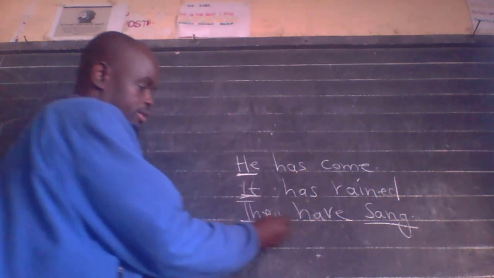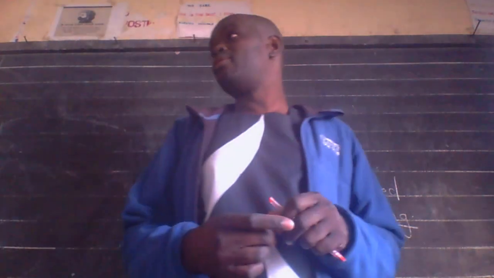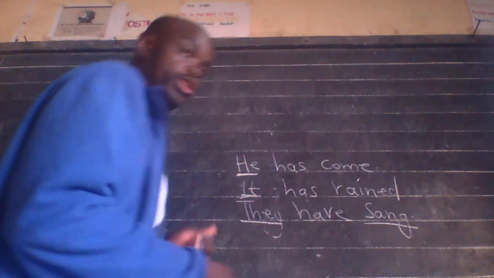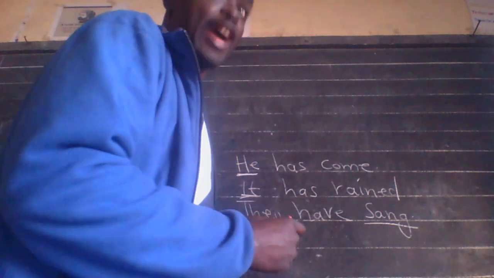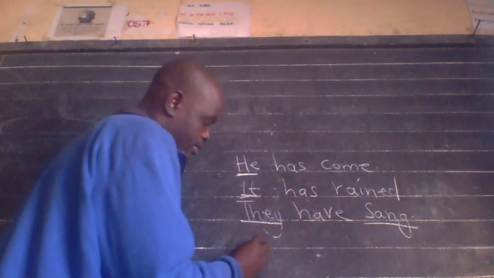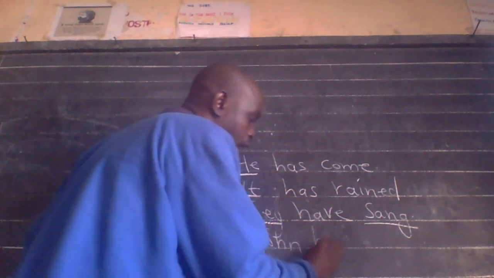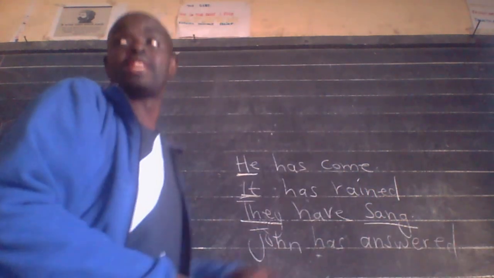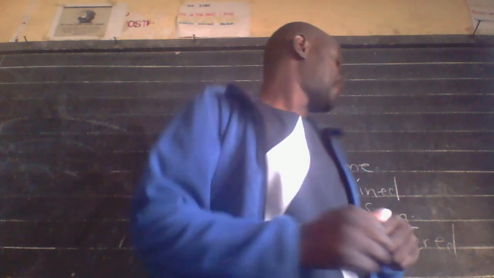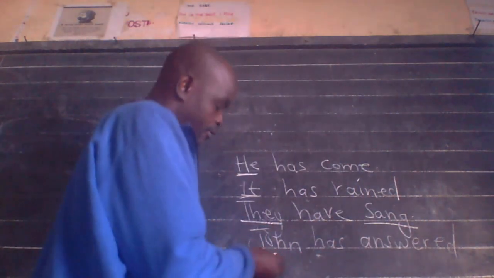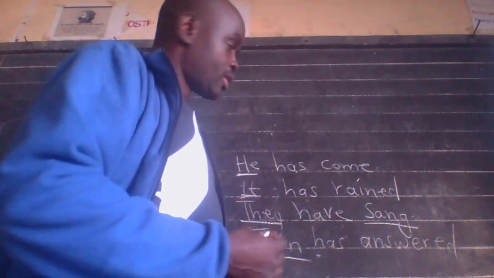What about this one? So they're all pronouns. Good. Allow me to use a noun. Let's say John has answered. This is also right. This is also a sentence in the present perfect tense, right? So this is a noun.